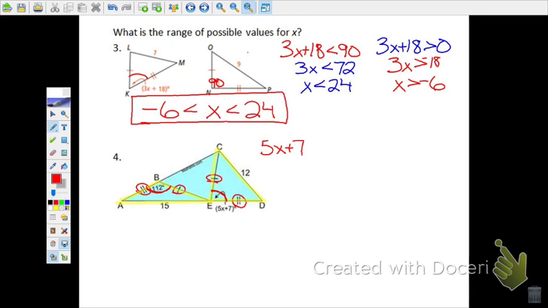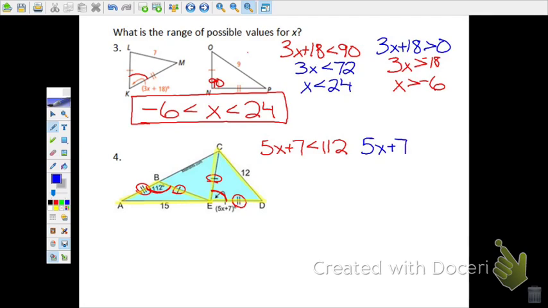Is it going to be greater than 112 or less than? It's going to be less than, because 12 is smaller than 15. So the angle is smaller. So less than 112. For the other part, I take that 5x plus 7 again.